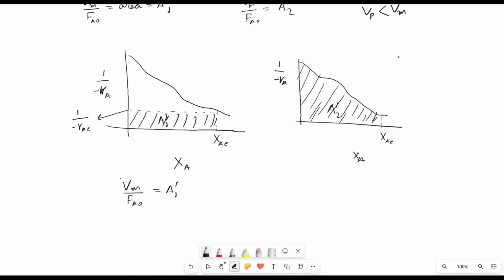So V plug flow by FA naught is equal to area 2 prime. Now in this case, area 1 prime is less than area 2 prime. Hence V mixed flow is less than V plug flow. So for this case, the mixed flow reactor is much more useful and will give the least cost.